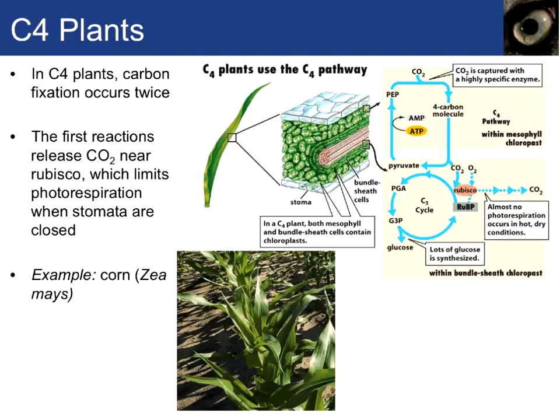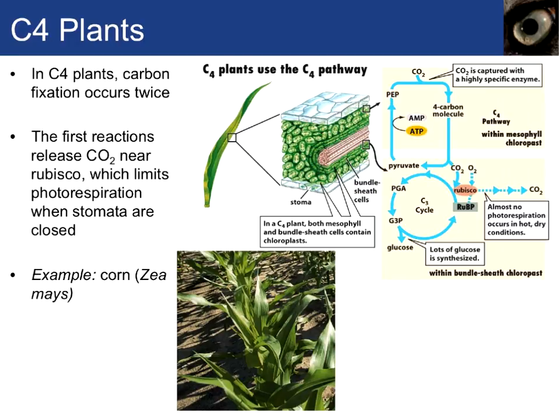Whereas in C4 plants, carbon fixation occurs twice. The first reactions occur in the mesophyll, where cells capture carbon, attaching it to PEP, and this creates a 4-carbon molecule. The carbon dioxide is concentrated and then released in the bundle sheath near rubisco.